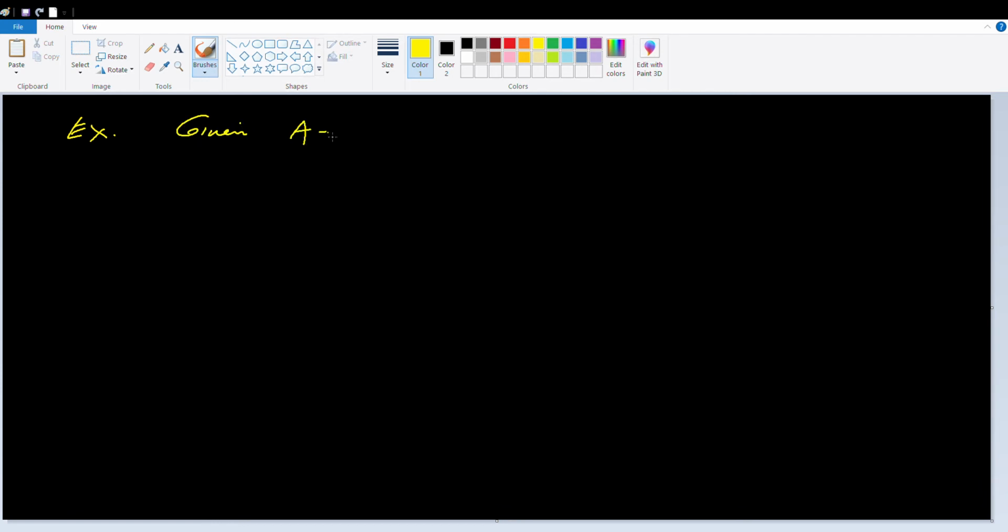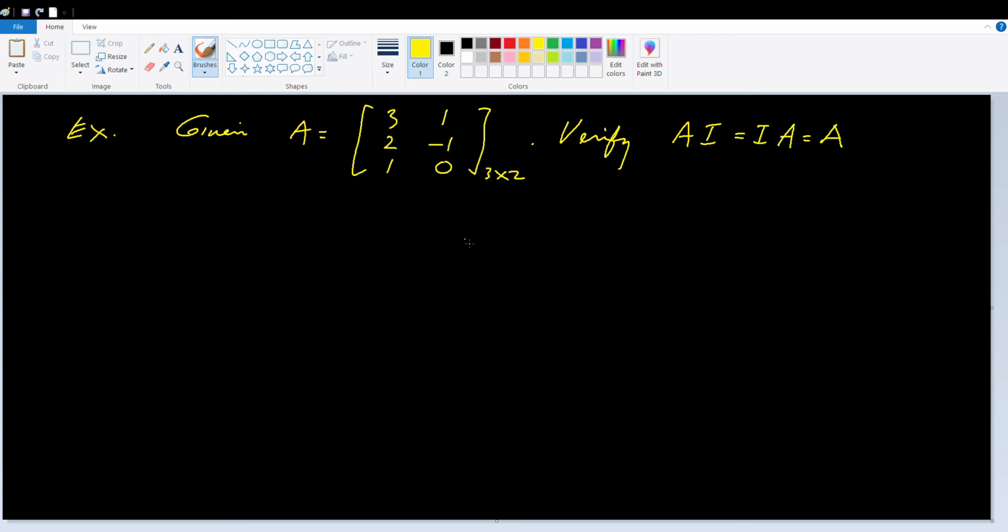Given matrix A, 3, 1, 2, negative 1, 1, and 0, which is a 3 by 2 matrix, let us verify if AI is equal to IA equal to A. So let's start with AI. Let us rewrite A, 3, 1, 2, negative 1, and 1, 0. And it is a 3 by 2 matrix.